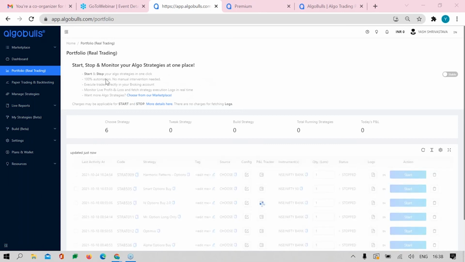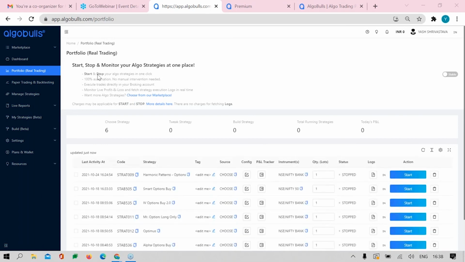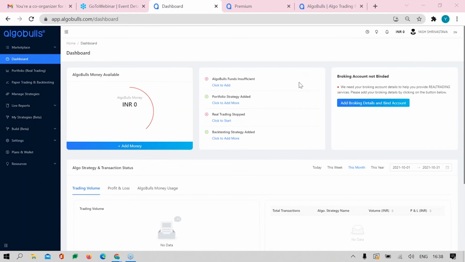Yes, this is a fully automated algo, Mr. Gujram Reddy. Talking about AlgoBulls money, when you activate some of the plans, whatever amount you have paid for the plan will be counted in your AlgoBulls money as of now.